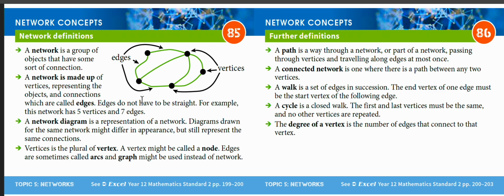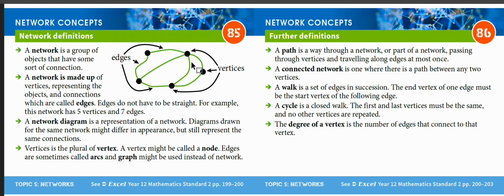If you look at the cities that are connected with the roadways, that whole entire network of road systems and highways is our network. So we have some cities and they're all connected through roads. Here a network is made up of vertices. These little black dots are called vertices or nodes.